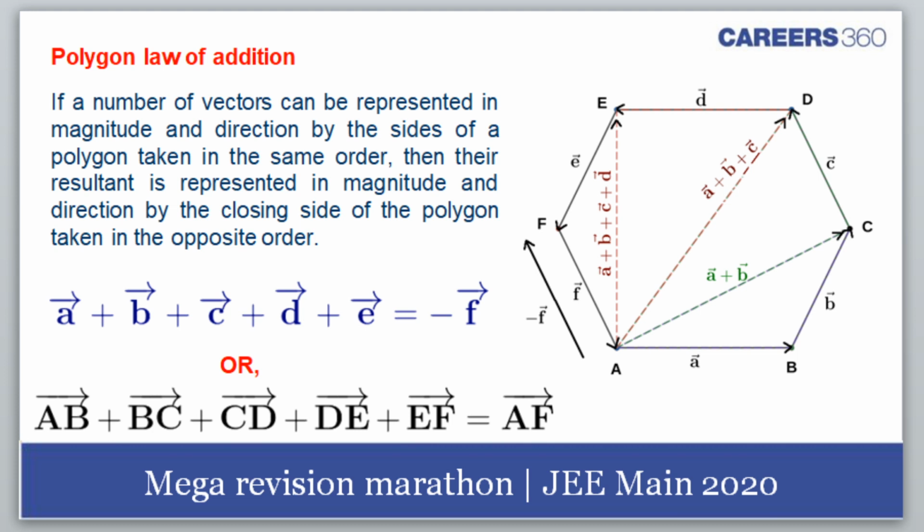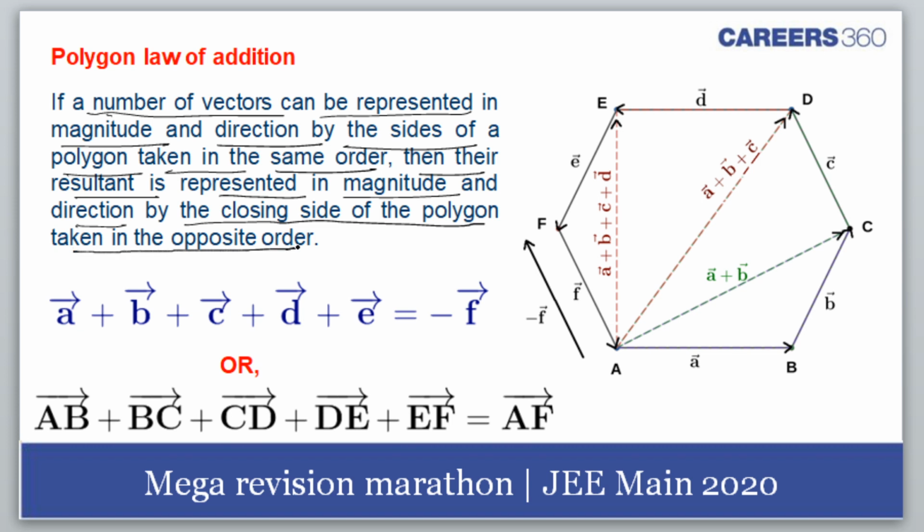Then what do we have? Polygon law of addition. We say if a number of vectors can be represented in magnitude and direction by the sides of a polygon taken in the same order, then their resultant is represented in magnitude and direction by the closing side of the polygon taken in opposite order. Here they have shown a hexagon.